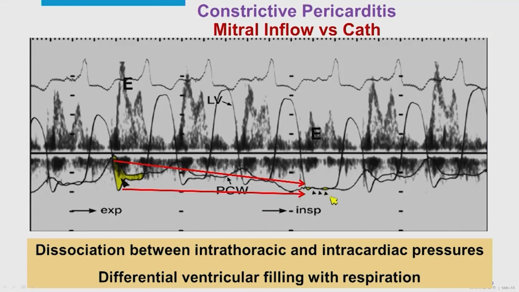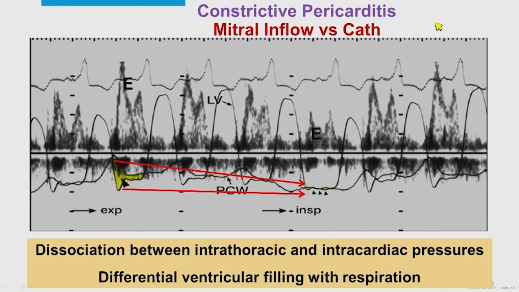So as a result, you have a marked decrease in the driving pressure gradient to the left side chamber, so that if you do mitral inflow velocity, the E velocity decreases with inspiration, and when you have expiration, then the pulmonary wedge pressure goes up again, and then without significant change in the left ventricular pressure, you have an increased driving pressure gradient to the left side chambers.